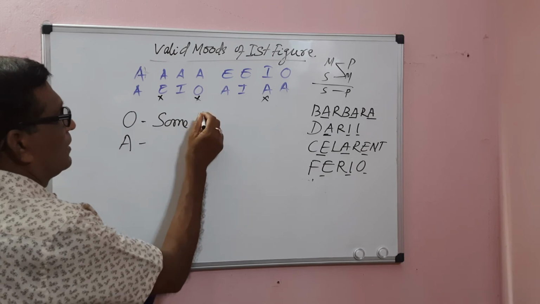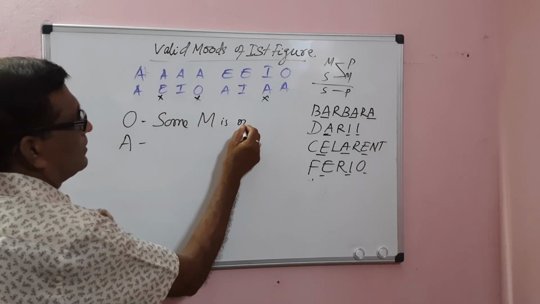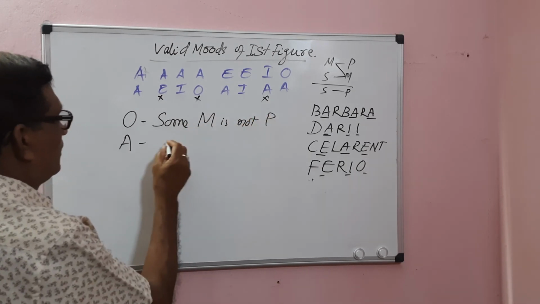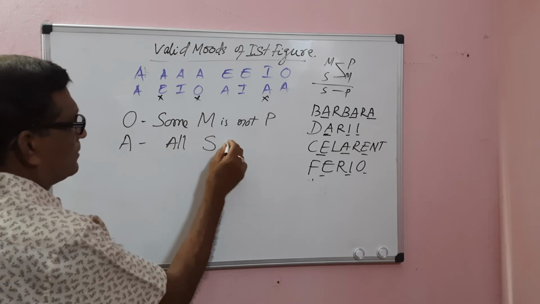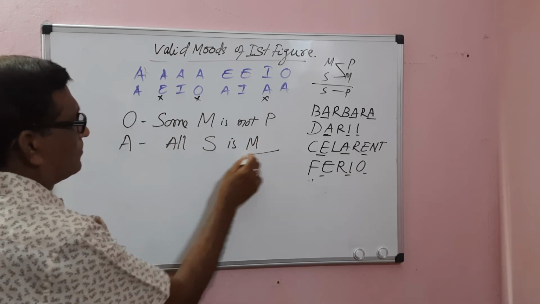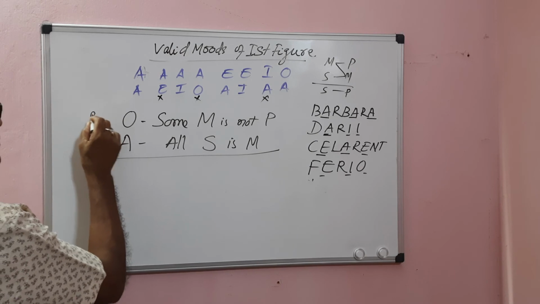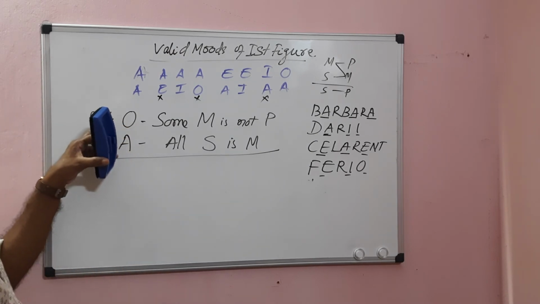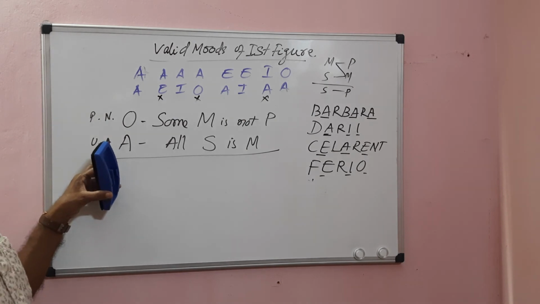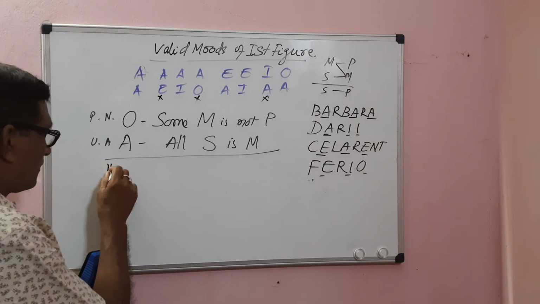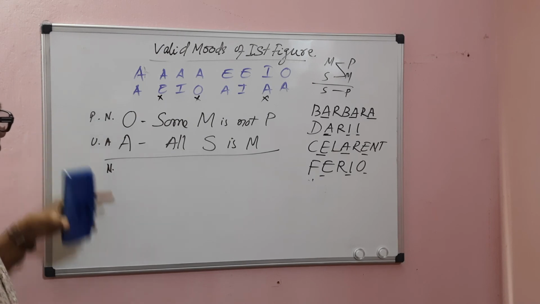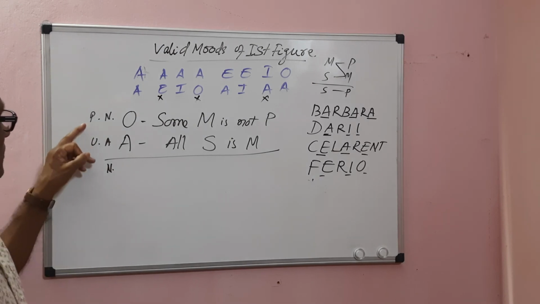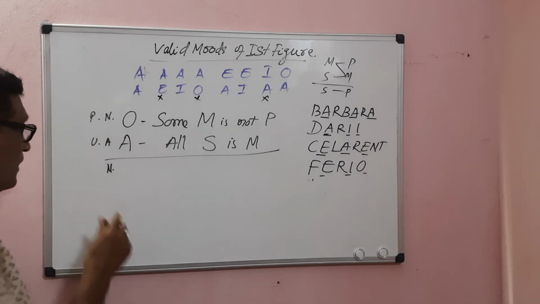Some M is not P, all S is M. It is a particular negative and a universal affirmative. When one premise is negative and the other is affirmative, the conclusion must be negative. Here one premise is particular and the other is universal, and when one premise is particular, the conclusion must be particular.